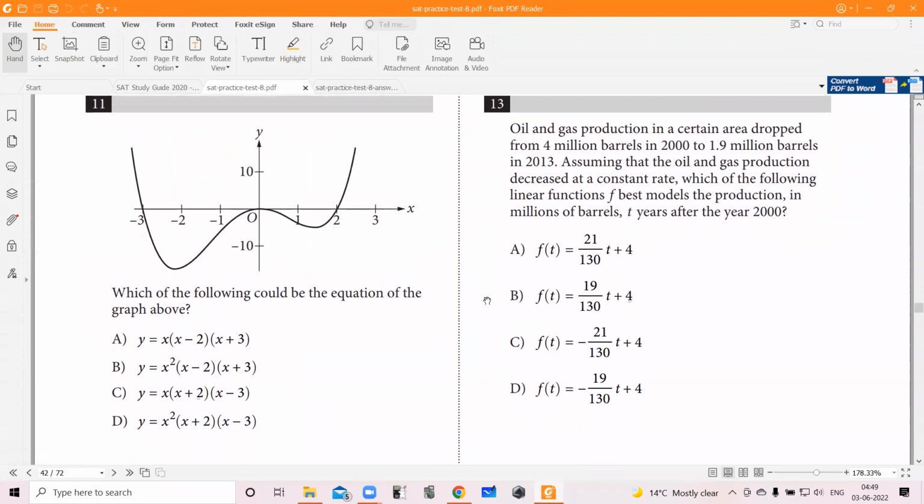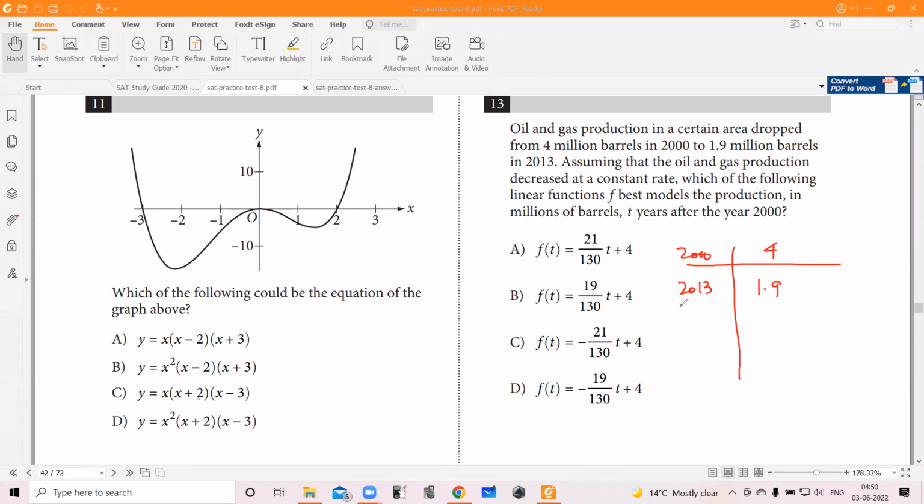13. Oil and gas production in a certain area dropped from 4 million barrels in 2000 to 1.9 million in 2013.